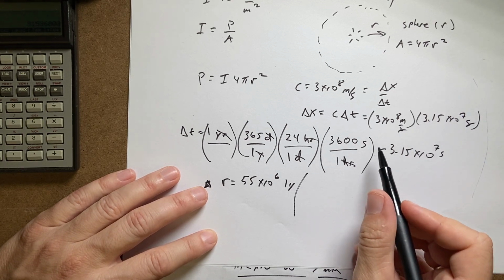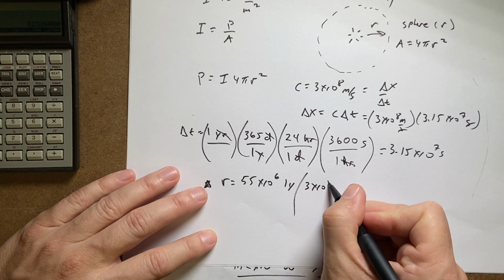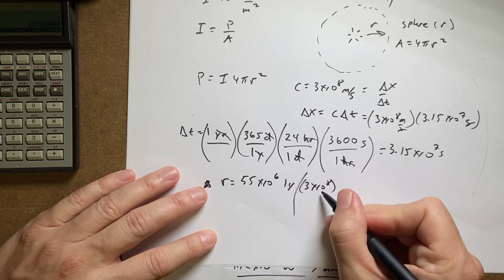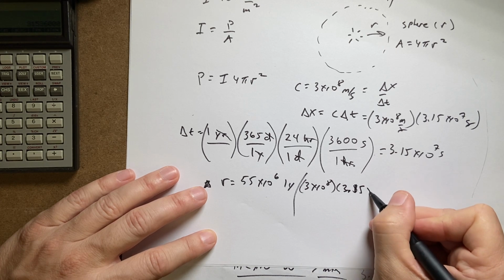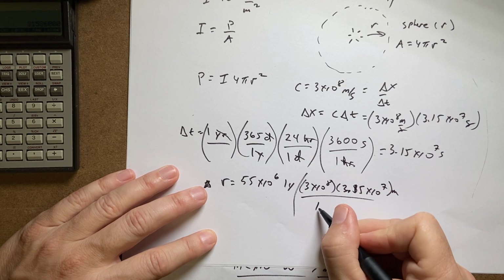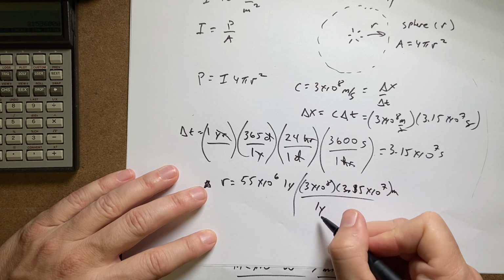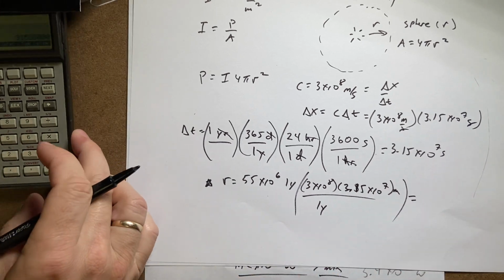The seconds cancel and I get meters. So 1 light year is 3 times 10 to the 8th times 3.15 times 10 to the 7th meters per light year. And that's my R.